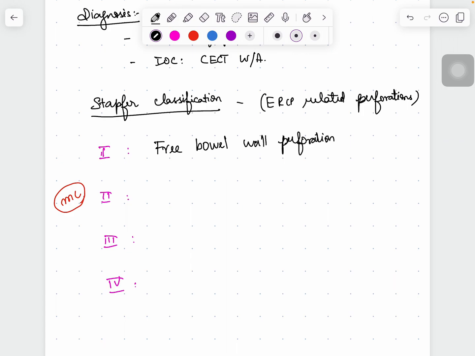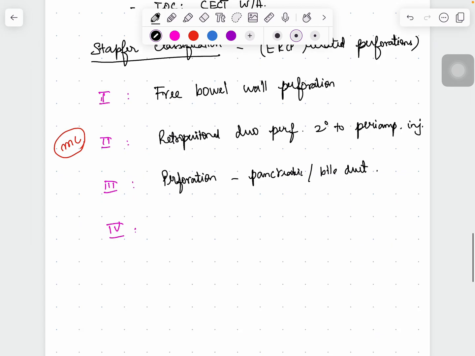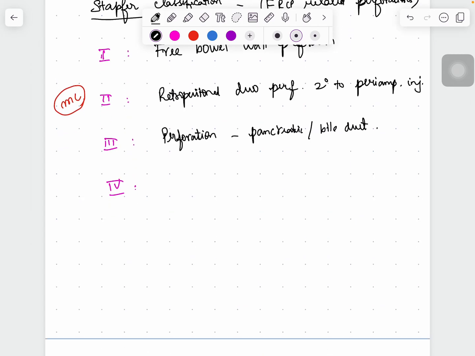The second one, the most common, is retroperitoneal duodenal perforations secondary to periampullary injury. The third one is perforation due to pancreatic or bile duct injury, and finally the fourth one is retroperitoneal air alone.